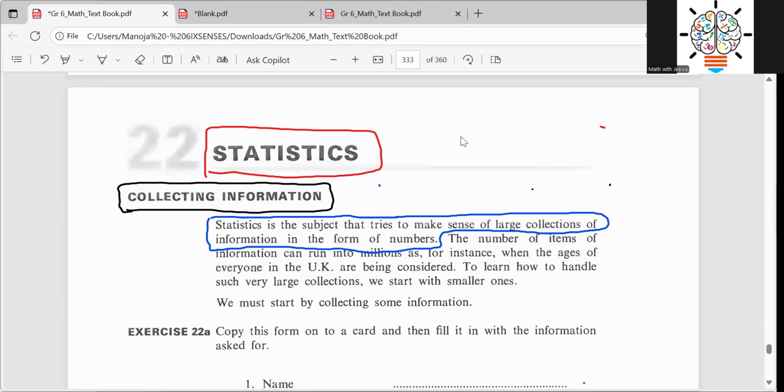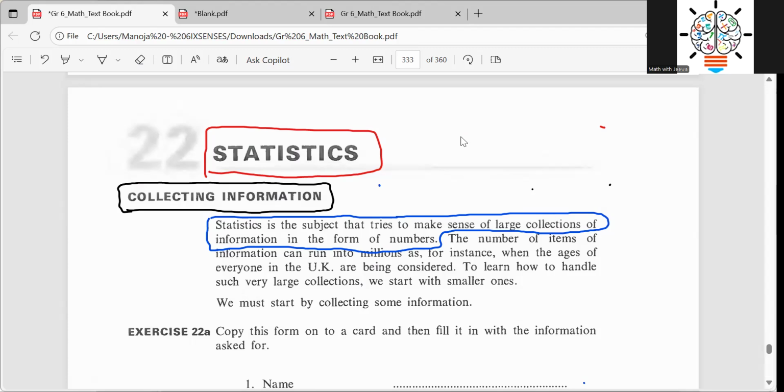If you can remember during the COVID season, when we were watching the TV, we knew how many COVID patients were identified and how many deaths there were. From where did we get all this information? Different people in different regions collected the information, analyzed and gathered it, and kept it in a way where all of us can see it in an understandable manner. That's a process, and that process we call statistics.